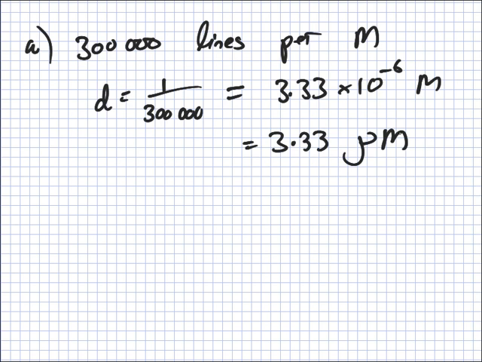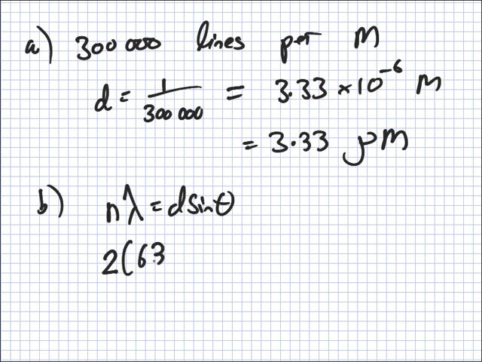Next one. What is the angle for the second red light? So the formula is, well, I'll write it down. n lambda equals d sine theta. Here we know the n, it's 2. And do we know the lambda? We do. It's 633 times 10 to the minus 9. Do we know the d? We do.